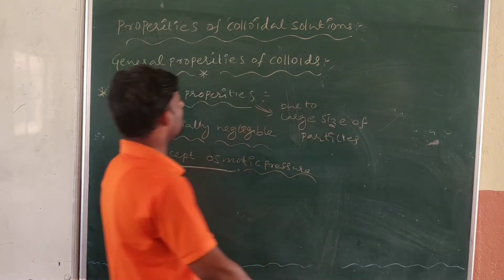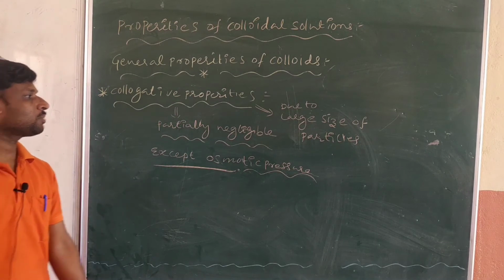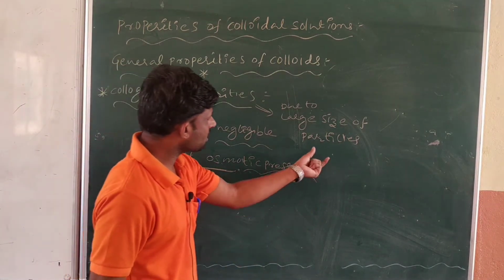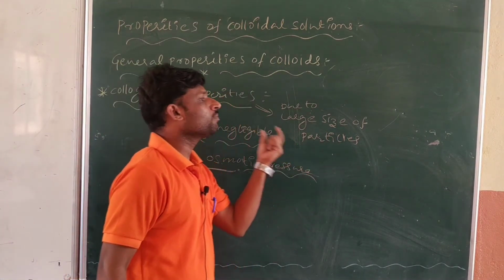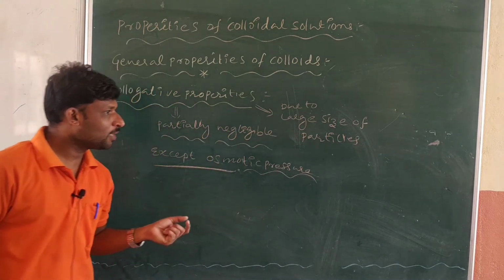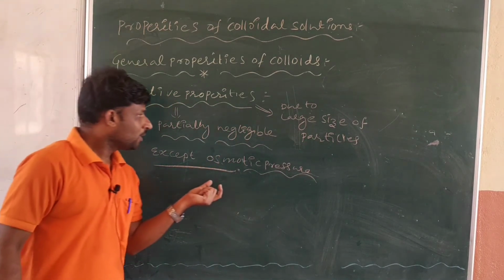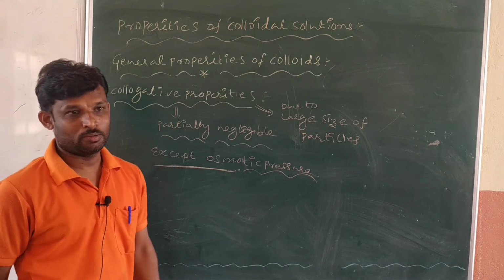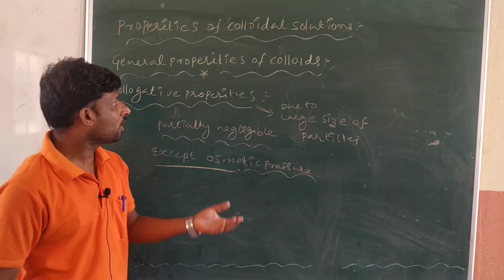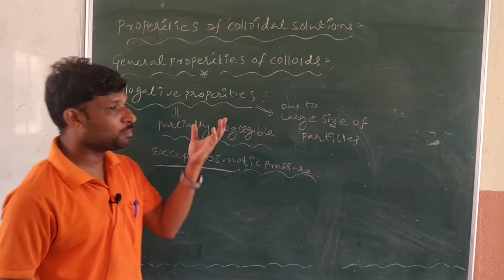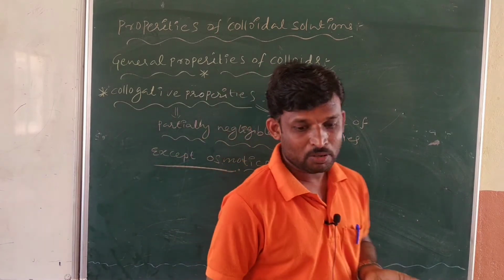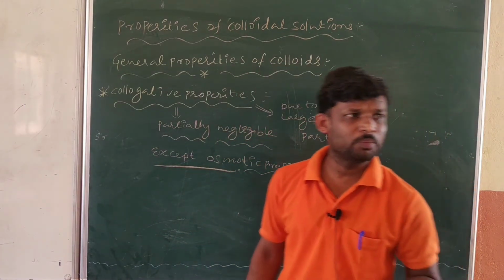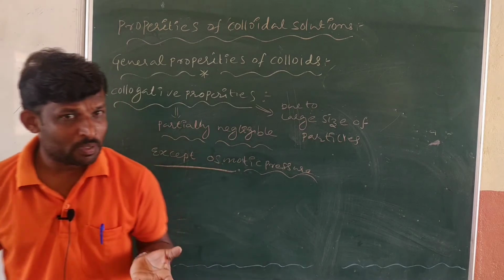Why? Because colloidal solutions have a large particle size. When the particle size is more, some properties are not dependent on it. Colligative properties are the properties which depend on the particles' nature and size.